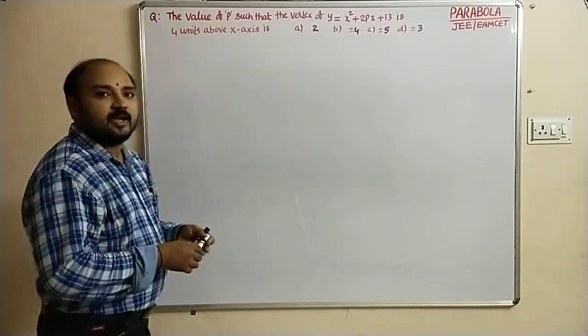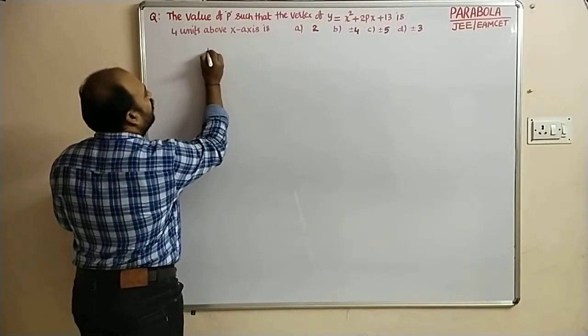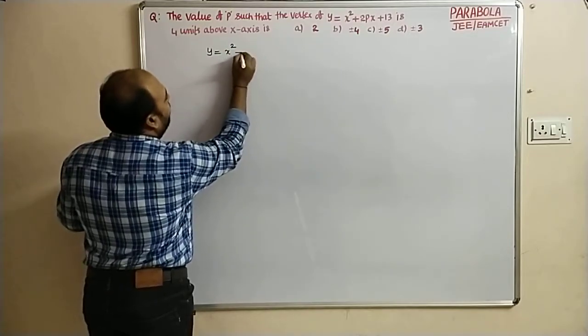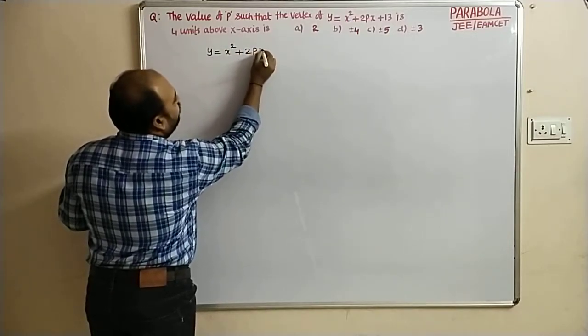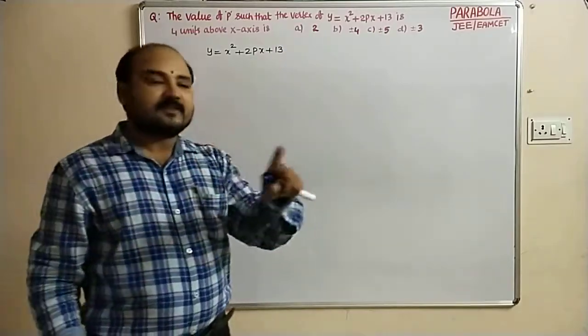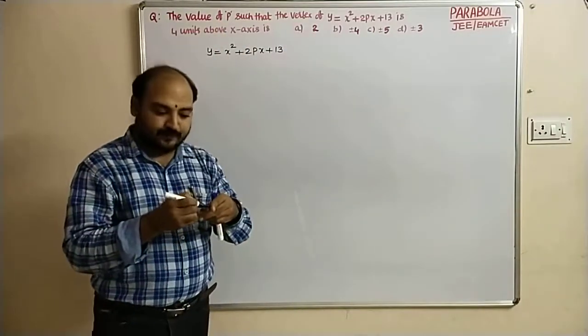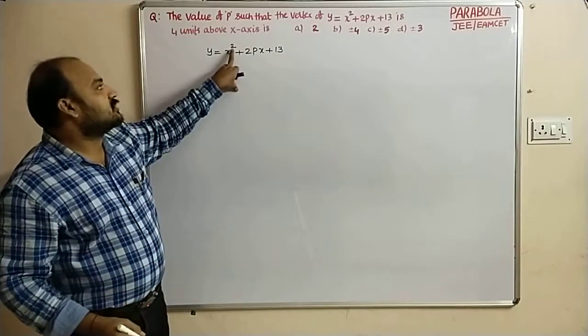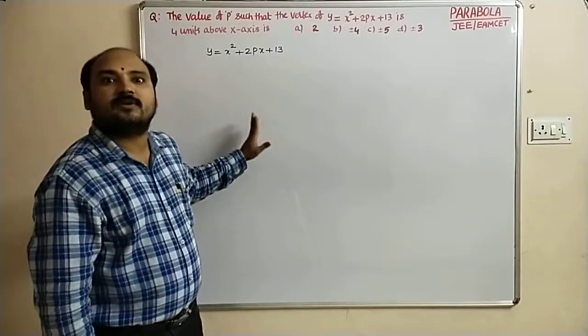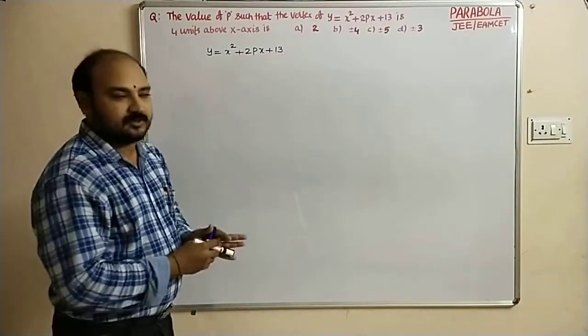Observe the given equation of parabola: y is equal to x square plus 2px plus 13. Whenever x is having square, that means x power here having square, the axis of the parabola is symmetric about the y-axis.